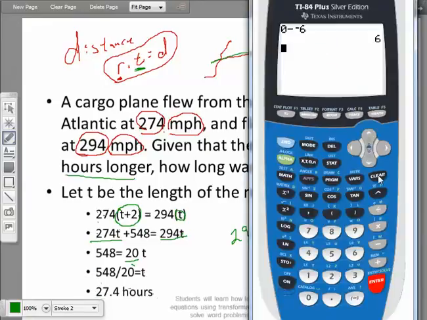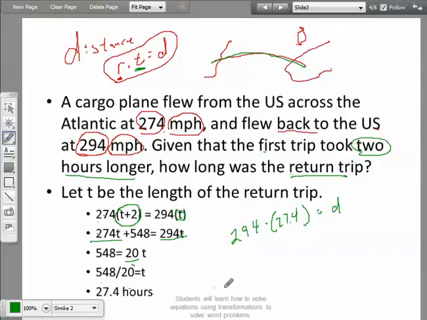So I'm going to bring up my handy dandy calculator and say 294 times 27.4, and I get a number of 8,055.6. That's the distance that they're going to go.